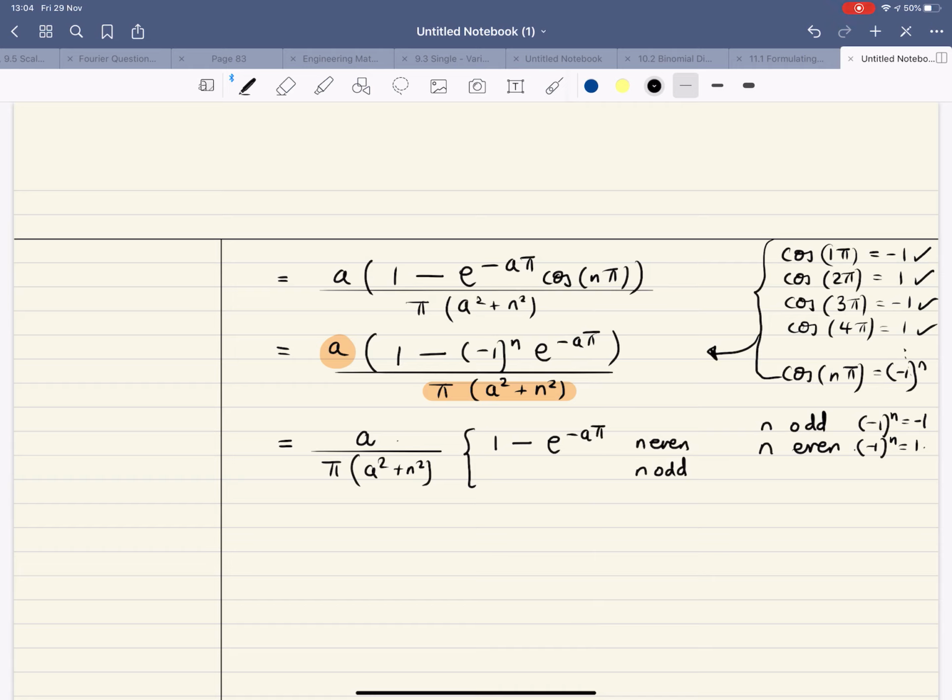And then if n is odd, minus 1 to the n is minus 1, so it's going to be 1 plus e to the minus a pi if n is odd. And that, folks, is my answer for this one.